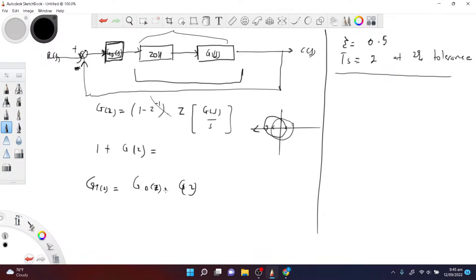When I do that, you see that the points I'm specifying now will pass through the root locus. Let's just see what I'm talking about here.